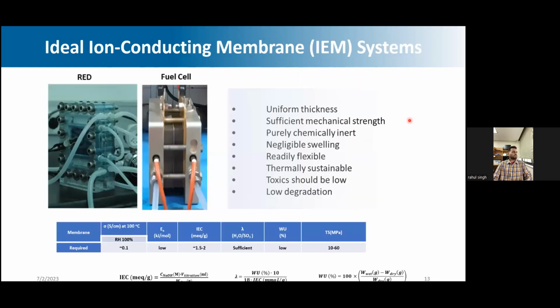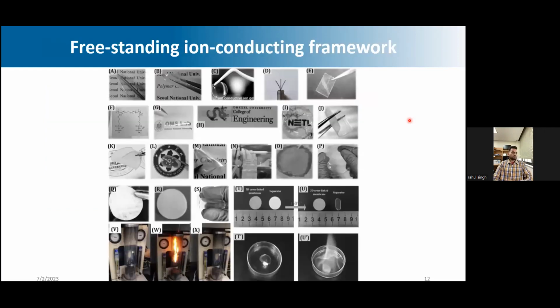I will talk about reverse electrodialysis and fuel cells and how we use such membranes inside them. These membranes can be used inside any electrochemical cell, like fuel cells, batteries, supercapacitors, and dye-sensitized solar cells.